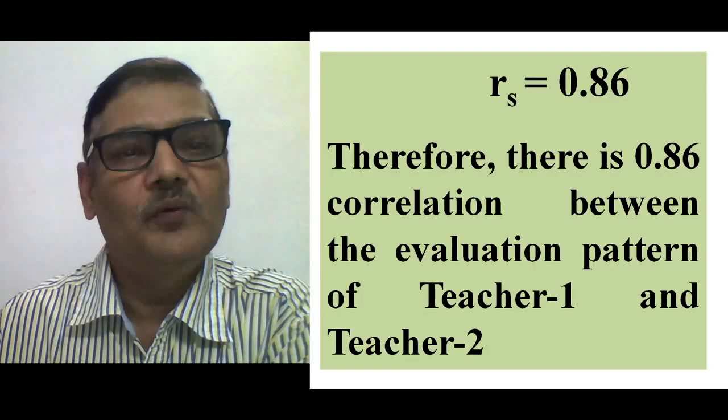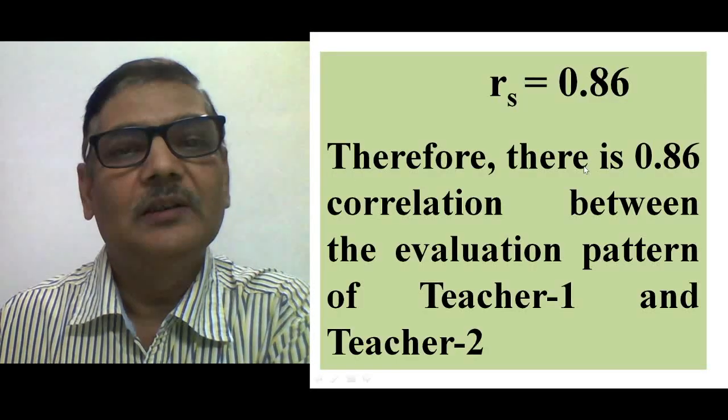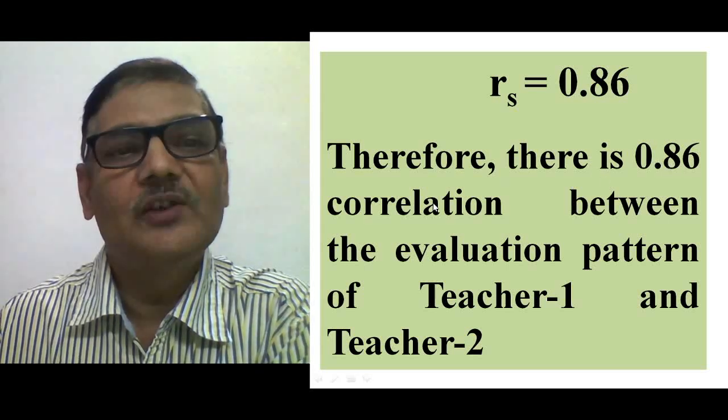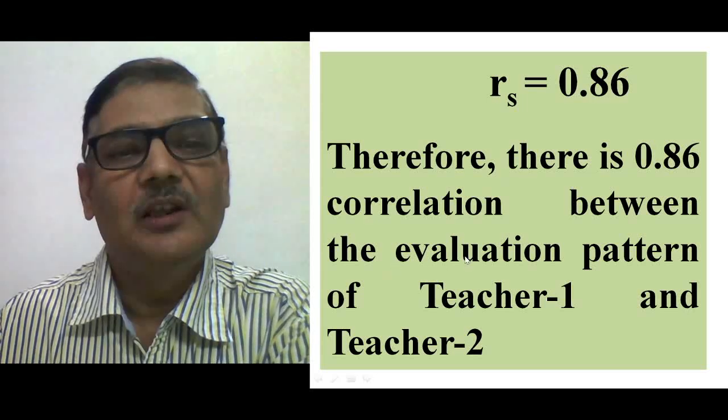So what we deduce is that the correlation of these two teachers is 0.86. That is, there is 0.86 correlation between the evaluation pattern of teacher 1 and teacher 2.